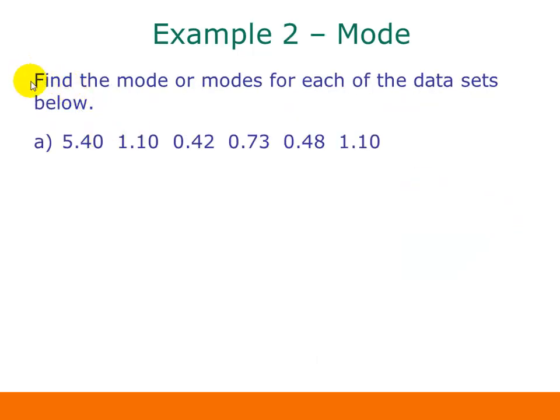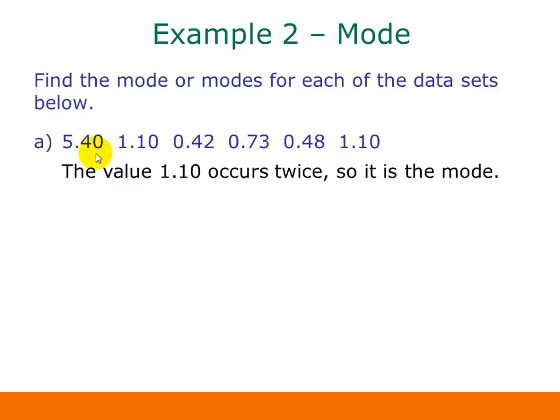Here are some more examples of finding the mode. If we look at this data set, again we're just looking for which value occurs the most number of times. And in this set, the value 1.10 occurs twice. No other value occurs more than once, so that makes 1.10 our mode.